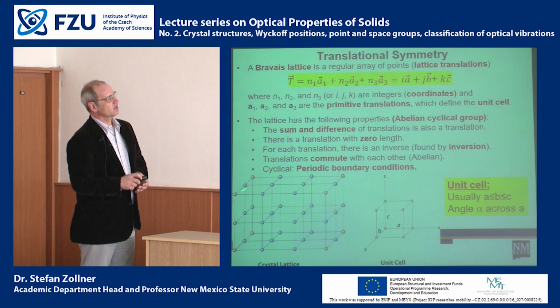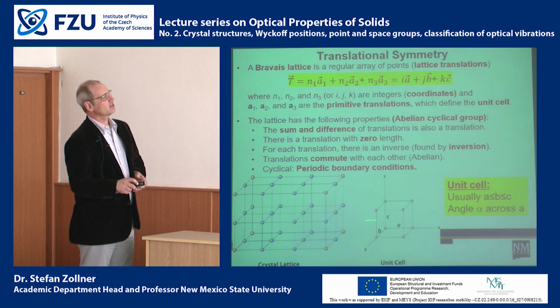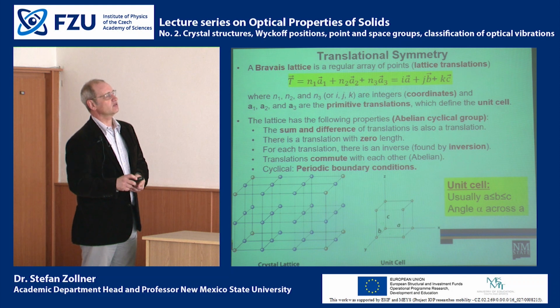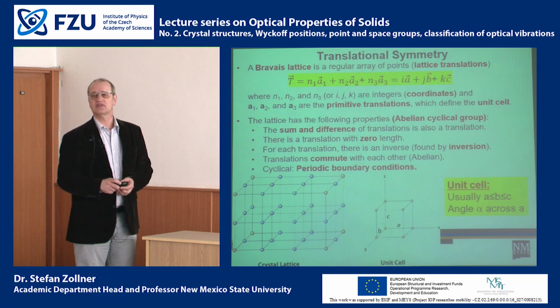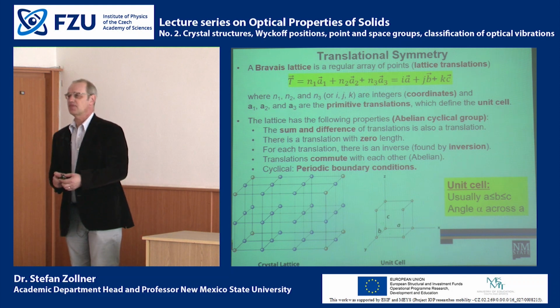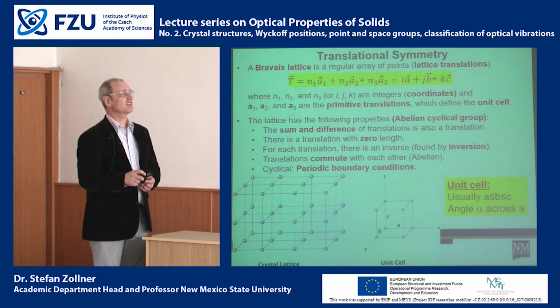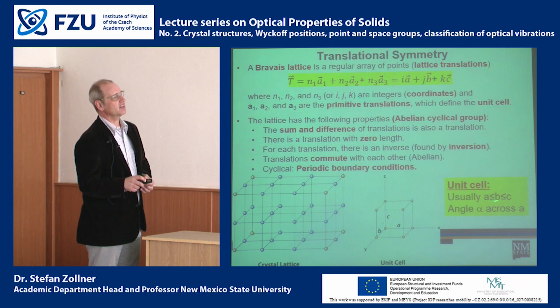The translational symmetry of the crystal is based on the Bravais lattice, which is a regular array of points, and the points are determined by primitive lattice translations, A1, A2, and A3, with integral coordinates n1, n2, and n3.